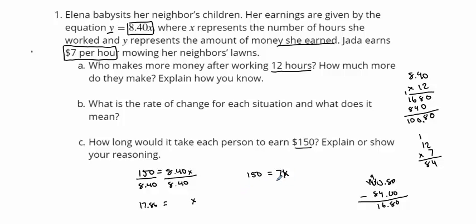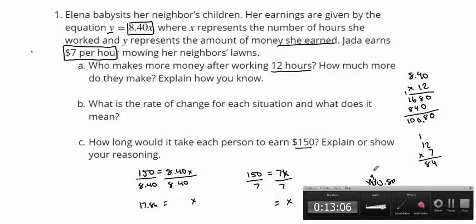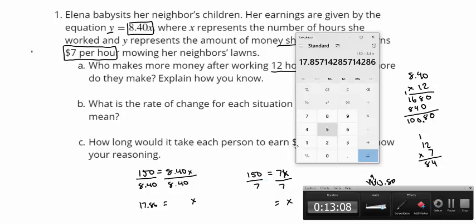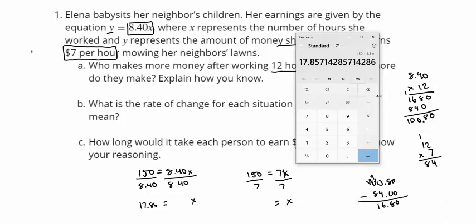So I could do the same thing, divide by 7, 150 divided by 7, then the hours would be 21 point, I'll just say 21.43.